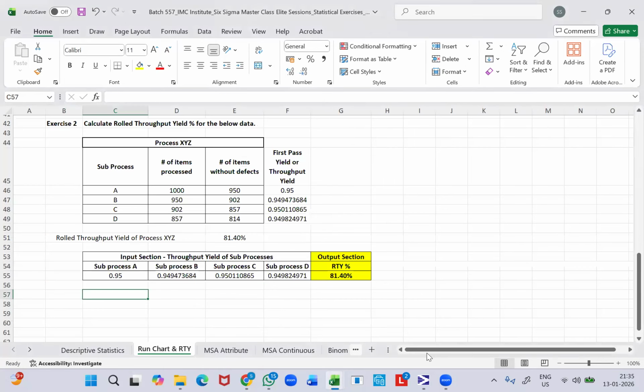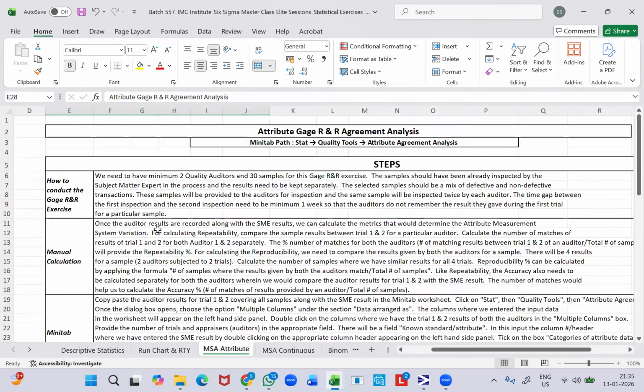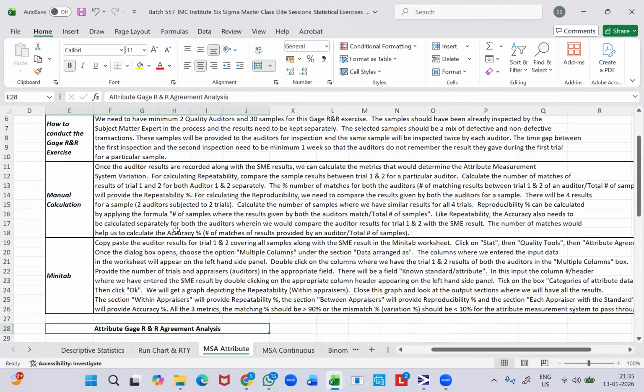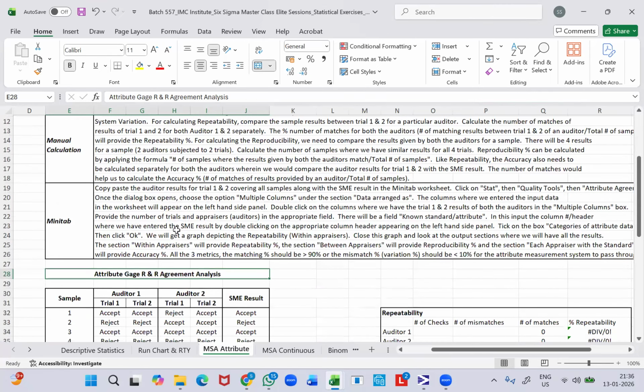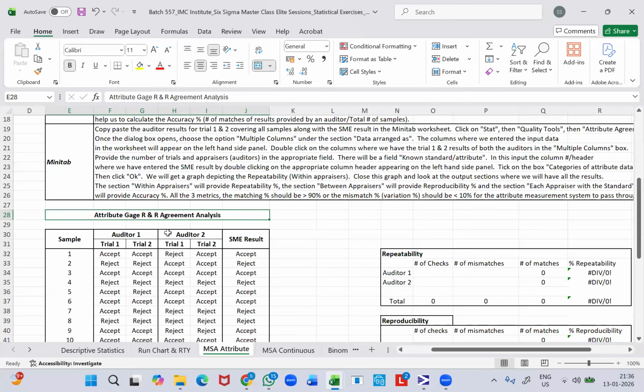As I told you, this exercise is called attribute gauge R&R agreement analysis. Attribute is the other name for discrete. I've given detailed steps as to how to conduct this exercise and how to calculate all these measurement system variation metrics.